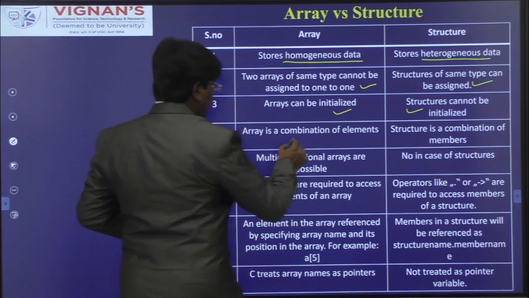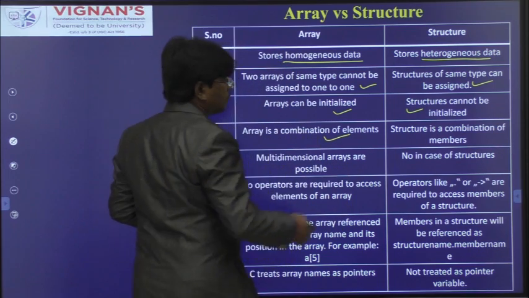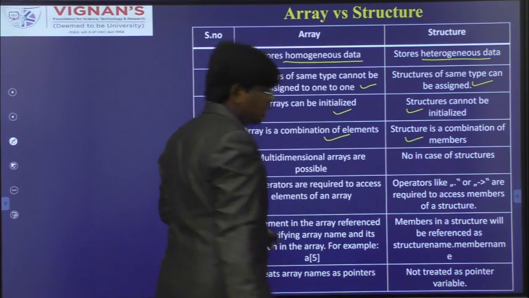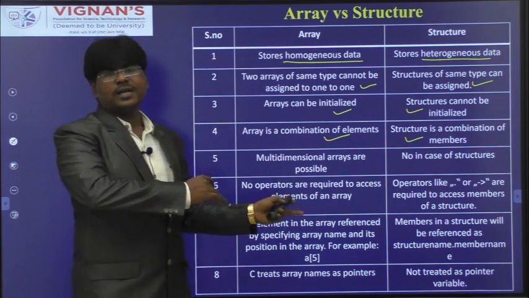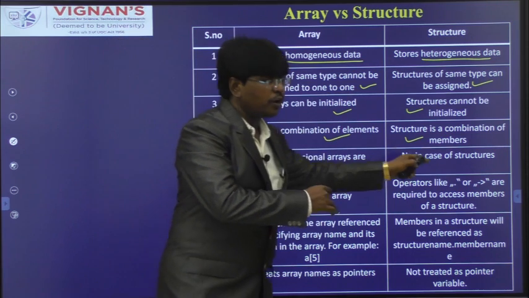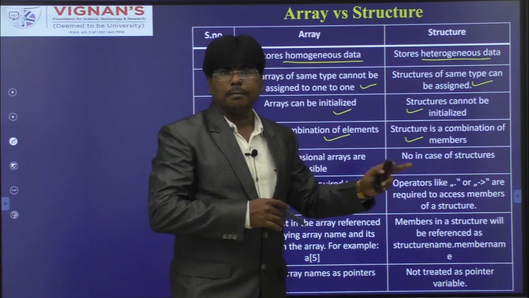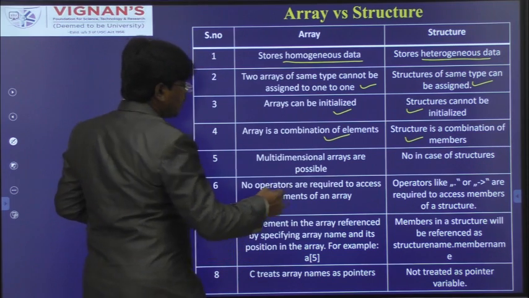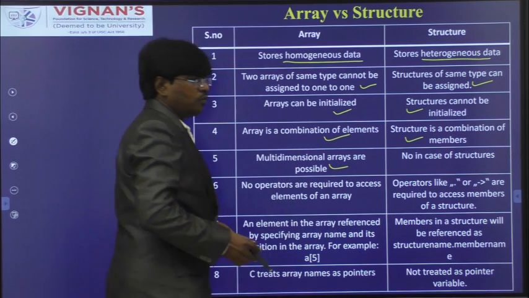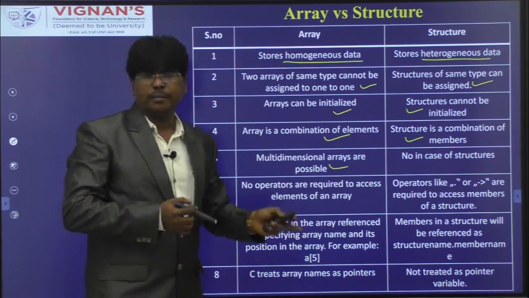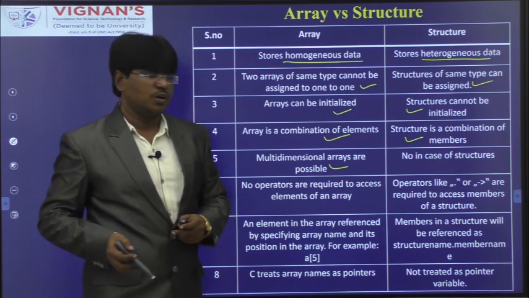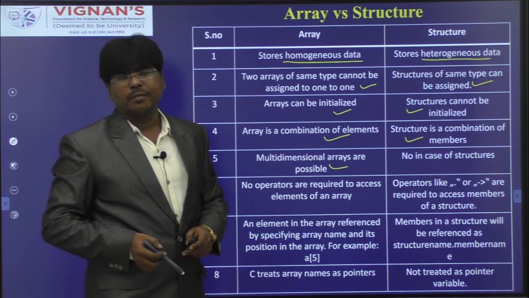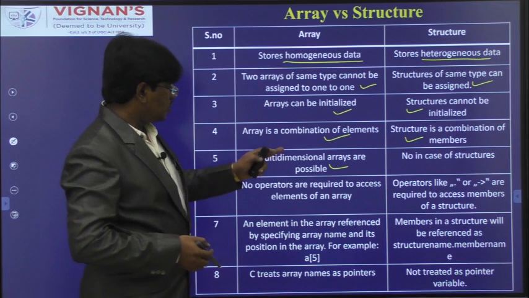Next, an array is a combination of elements. A structure is a combination of members. From the array point of view, we call them elements, but from the structure point of view, we call them members. Next, multi-dimensional arrays: we can specify one dimensional, two dimensional, and multi-dimensional arrays, but we cannot specify multi-dimensional structures.